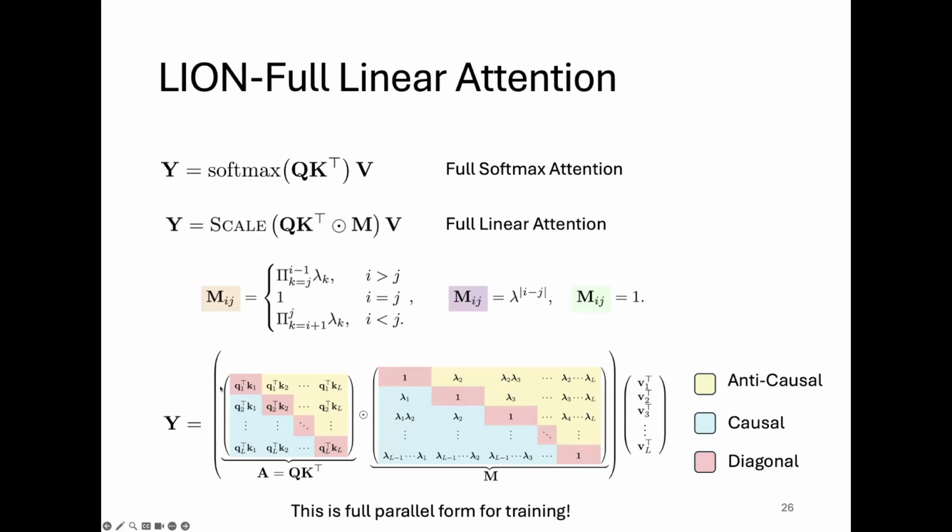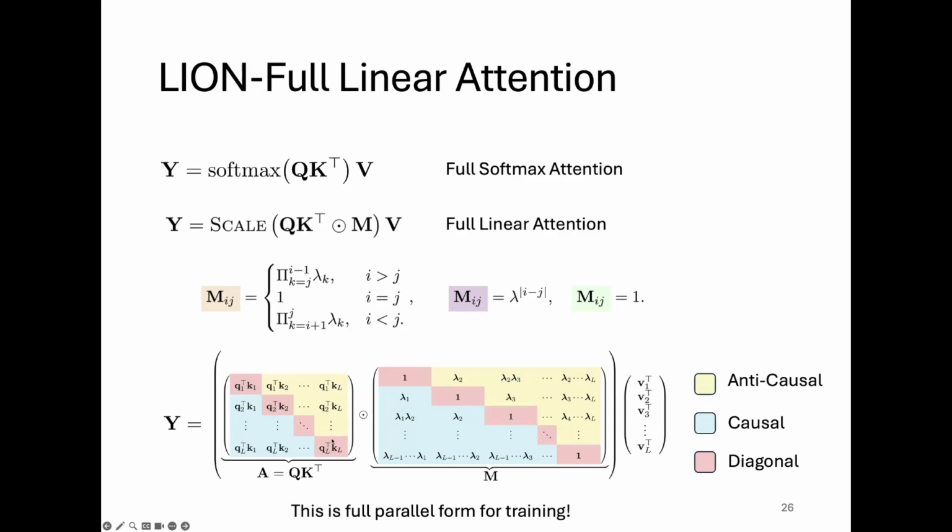Also, in parentheses, all the light blue cells that you're seeing here represent the causal direction, and all the yellow cells represent the anti-causal direction, or in other terms, forward and backward. I will try to avoid the term backward so as not to confuse it with the backward pass of the model.